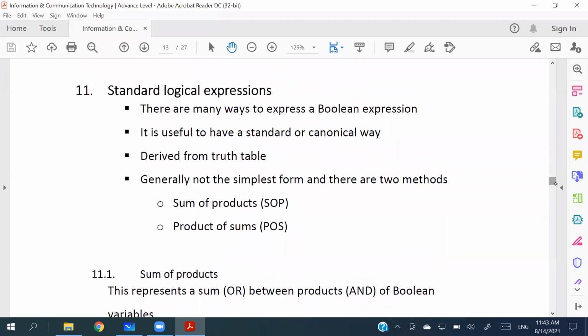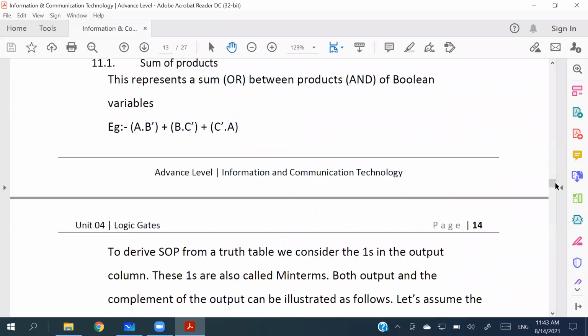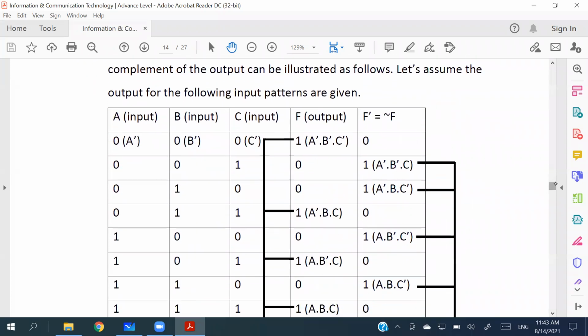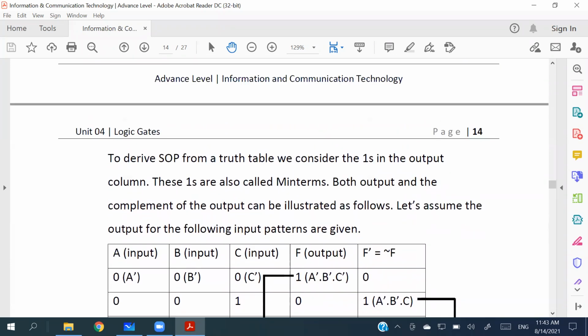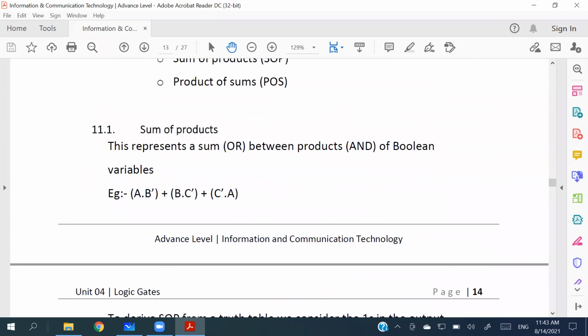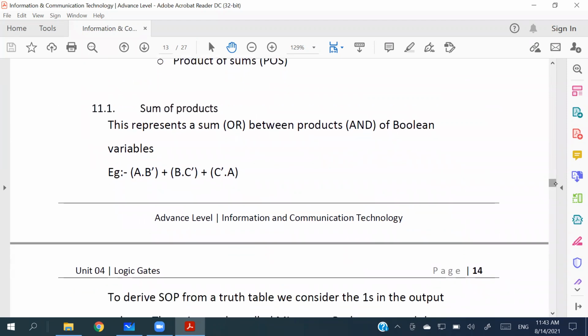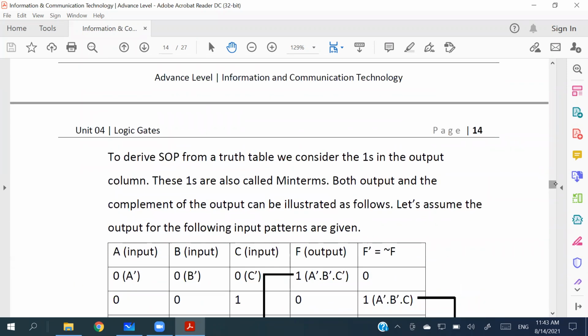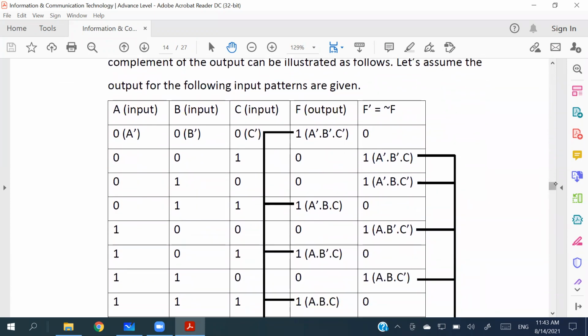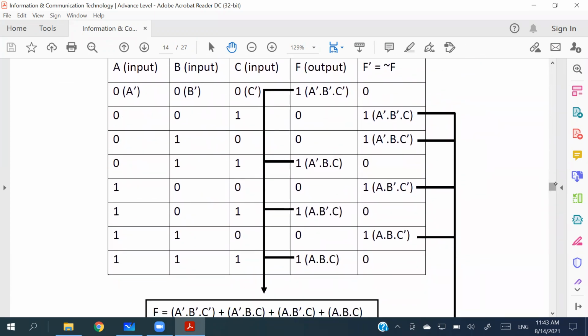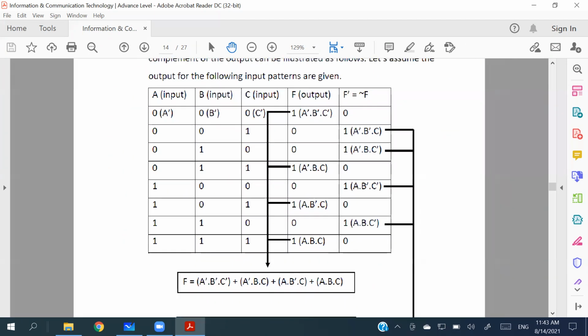You may feel that we know some of these already, but I'm just drawing your attention to deriving an SOP using a truth table. So here I have taken a particular truth table. So just concentrate on this, right?